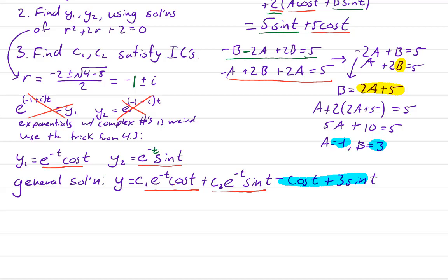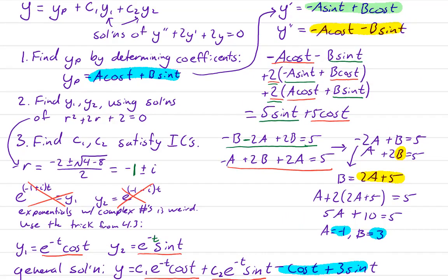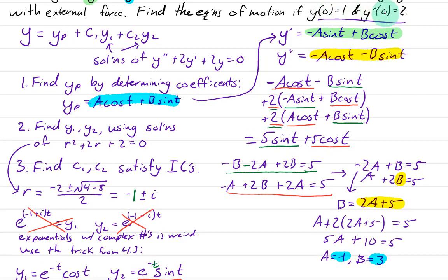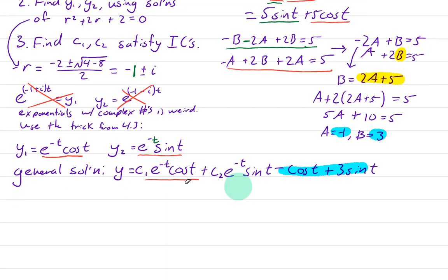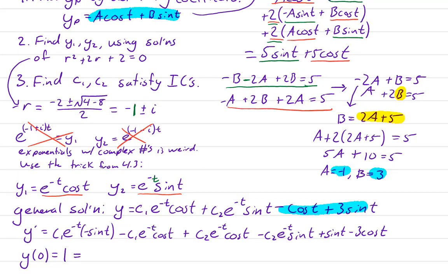So we plug in t equals 0 into this, but we also need to plug in t equals 0 into its derivative, so we can get y prime of 0 equals 2. So we have to figure out y prime here, which is going to be a little messy. This is what I got doing that nasty derivative. First, with this part, you use the product rule.